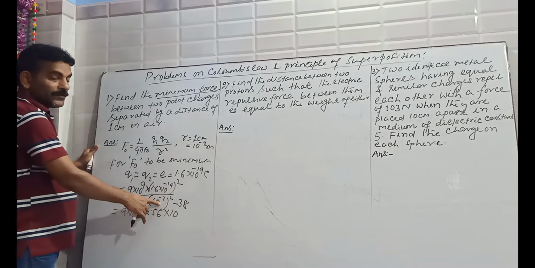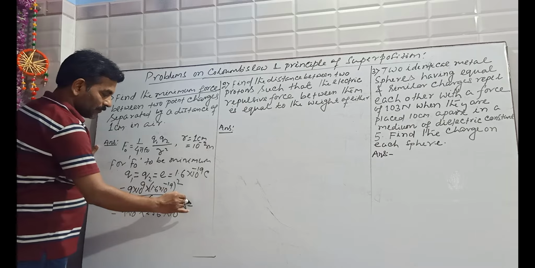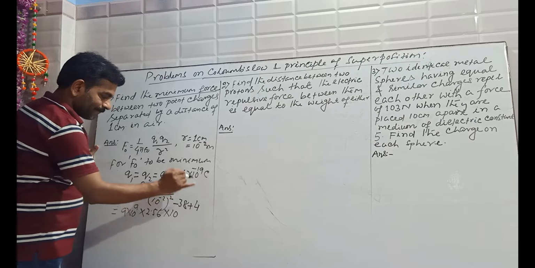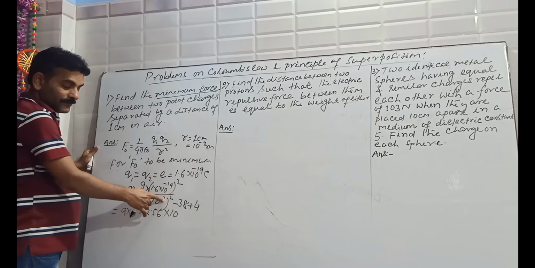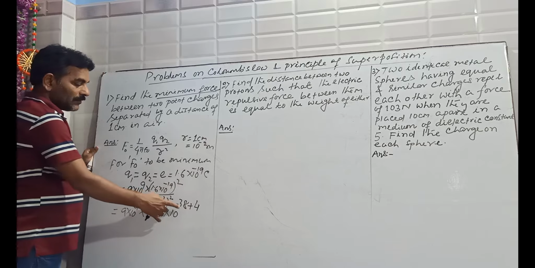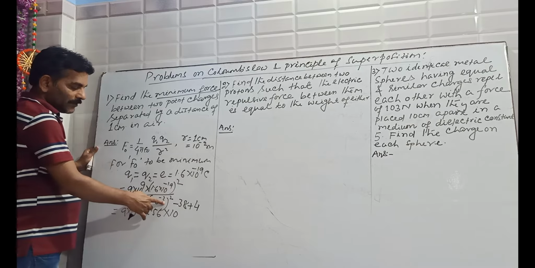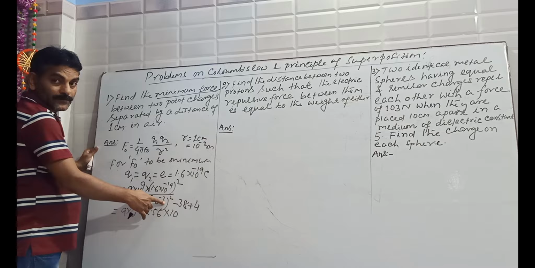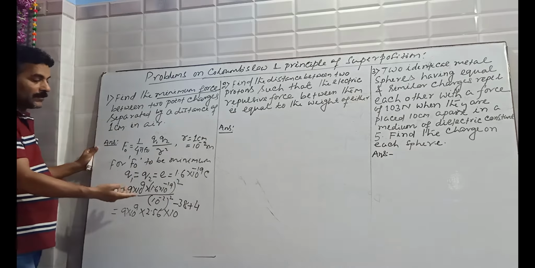It is 10 to the power minus 4 in the denominator, so it will come to the numerator as 10 to the power plus 4.